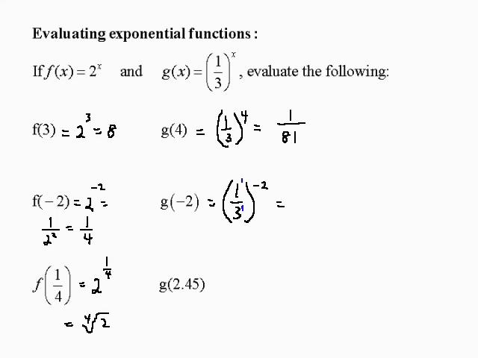We could multiply the powers, so I could go a lot of different ways with these things. So I would get 1 to the negative 2 over 3 to the negative 2 power. And then if I want to rewrite those using positive exponents, I would just take one to the top, the other to the bottom, and I would get 9 over 1, or 9.